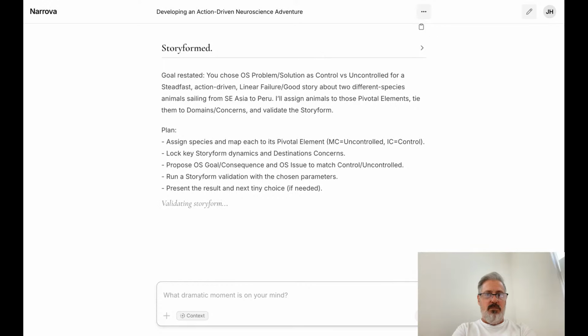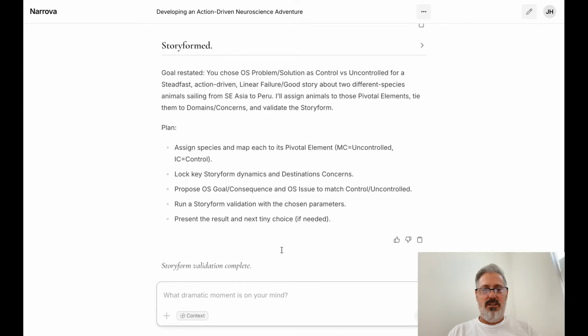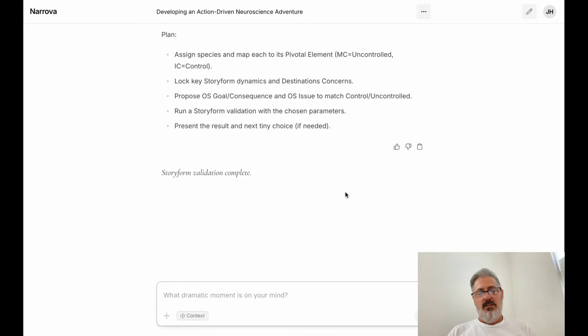Like I said, it might take a second or two to get back to us. And the answer is there. Story form validation complete. Should keep going as it saves it all in there.